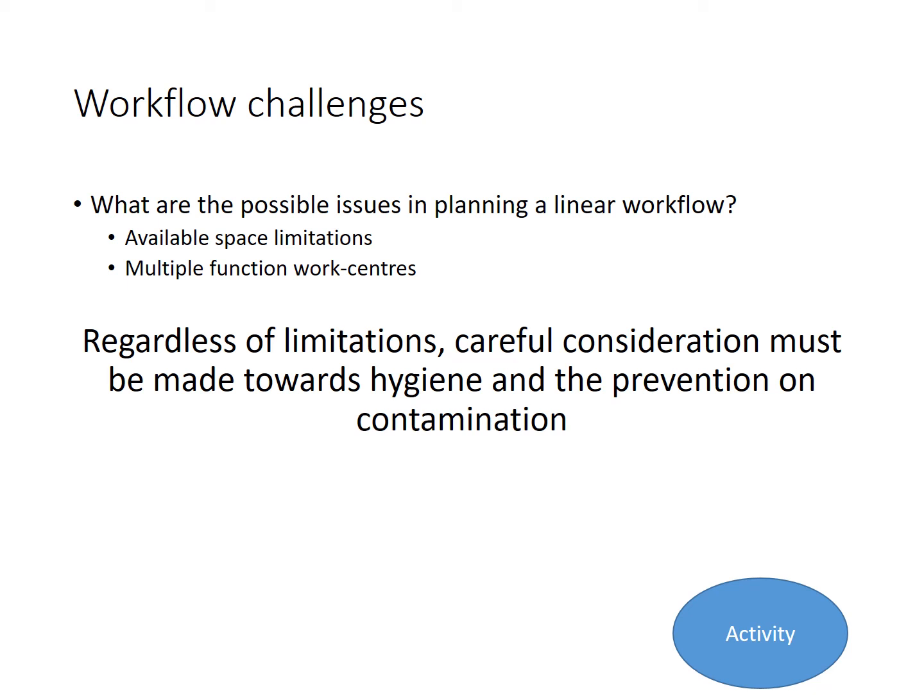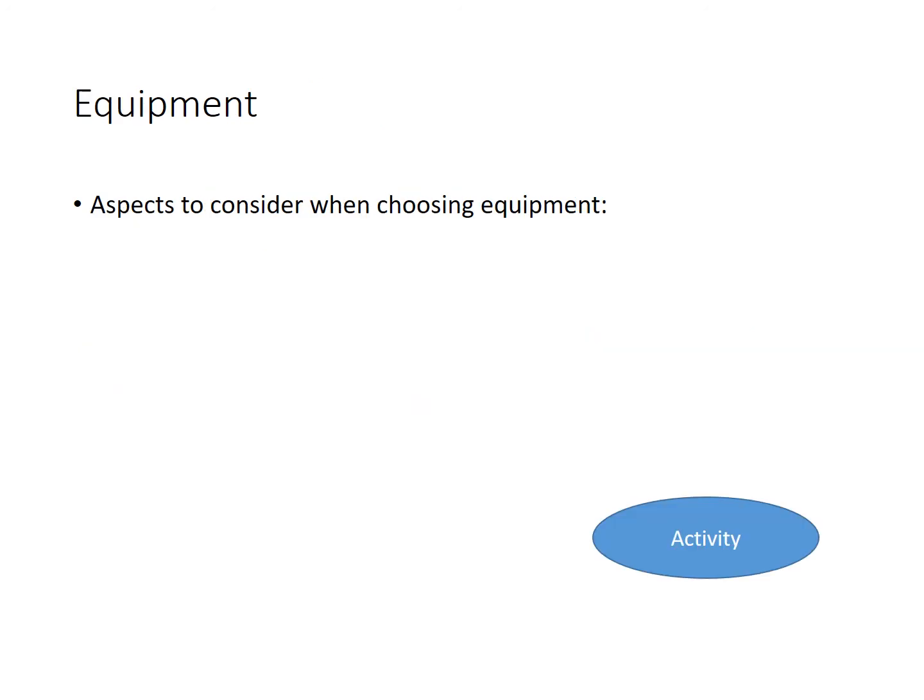The amount of people moving around in that workspace at any given time could create a lot of stress for people if they need that space. But regardless of limitations, careful consideration must be given to hygiene and the prevention of contamination. Very, very important, and it's so easy to get wrong if not thought about.